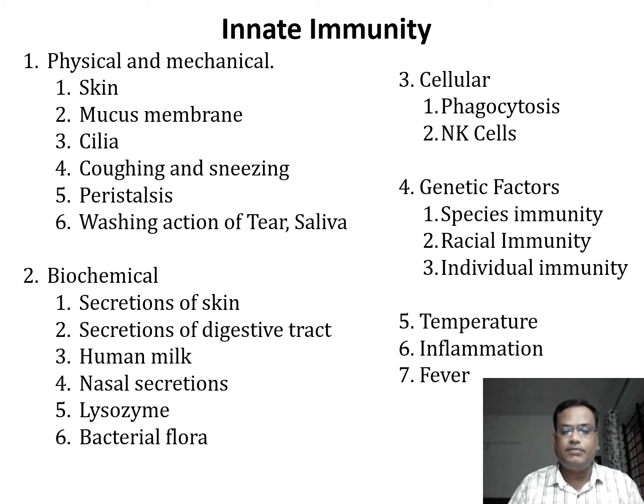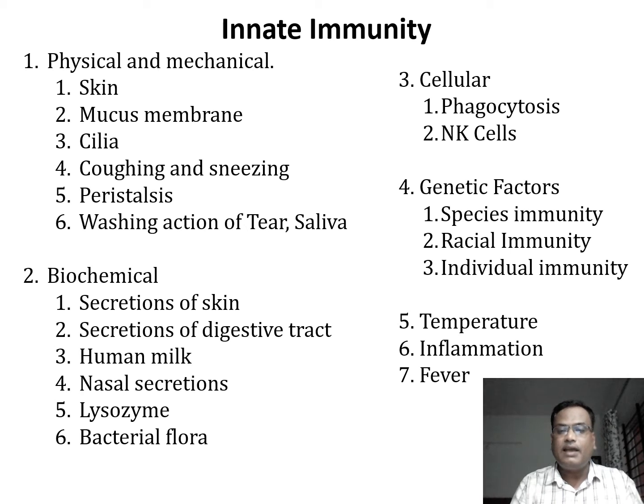Then washing action of tear and saliva, I already mentioned. Along with this, we have secretions of skin, secretions of the digestive tract, human milk, nasal secretions, lysozyme enzyme, bacterial flora. We have some beneficial bacterial flora inside our body which are also helpful in preventing and destroying foreign bacteria which enter our body.